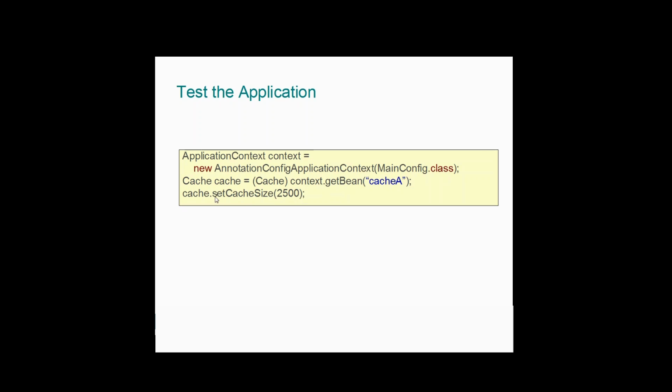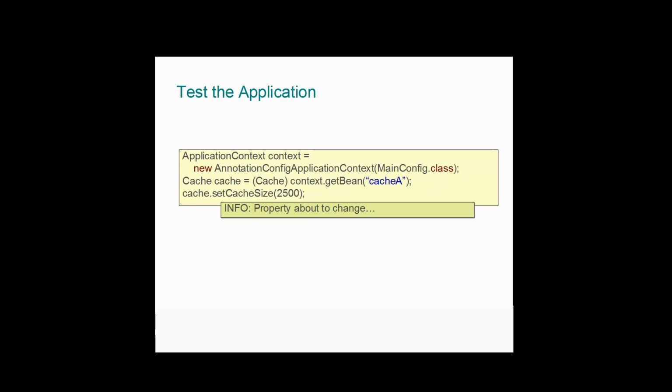Whenever I call this, in the log message you will get this property about to change when I'm testing this application. Okay, so these are the few configuration changes you need to make to enable Spring AOP to work.